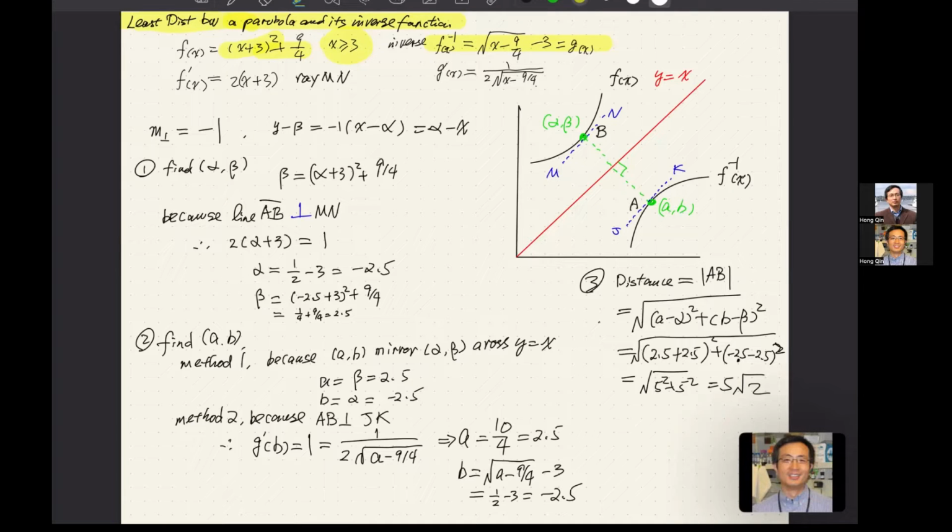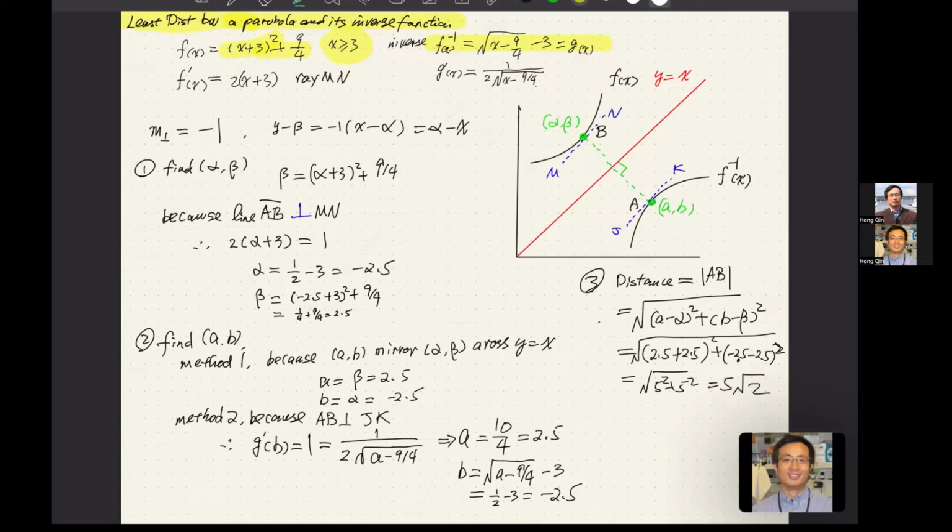And that means it should have a slope of -1. Basically, that shortest distance must have a slope of -1. So, okay, that's the trick to solve this problem.